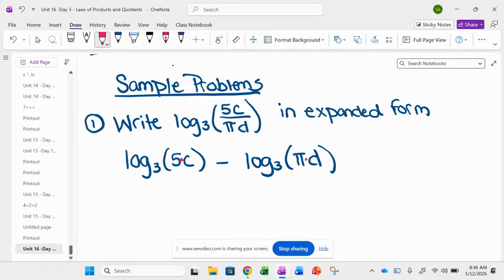We cannot leave any division. We cannot leave any multiplication within that argument. So now what am I going to do? I'm going to change that argument that's being multiplied into log what? Addition. So this is going to be log base 3 of 5 plus log base 3 of c.